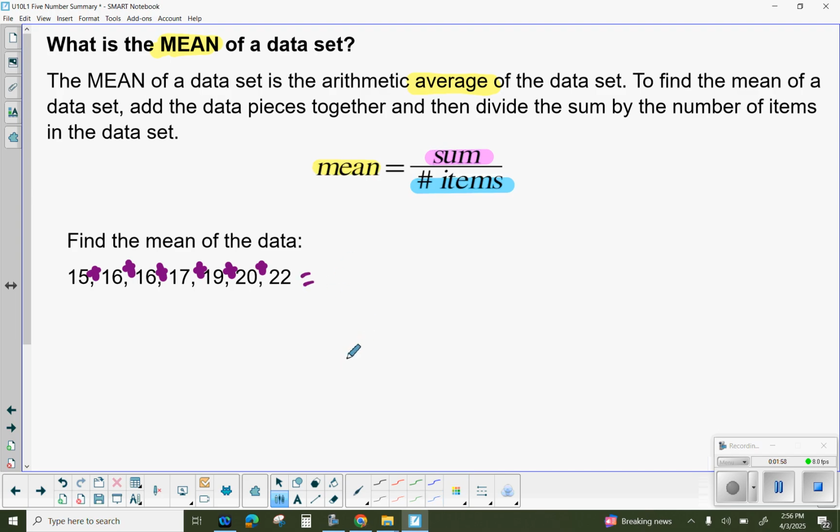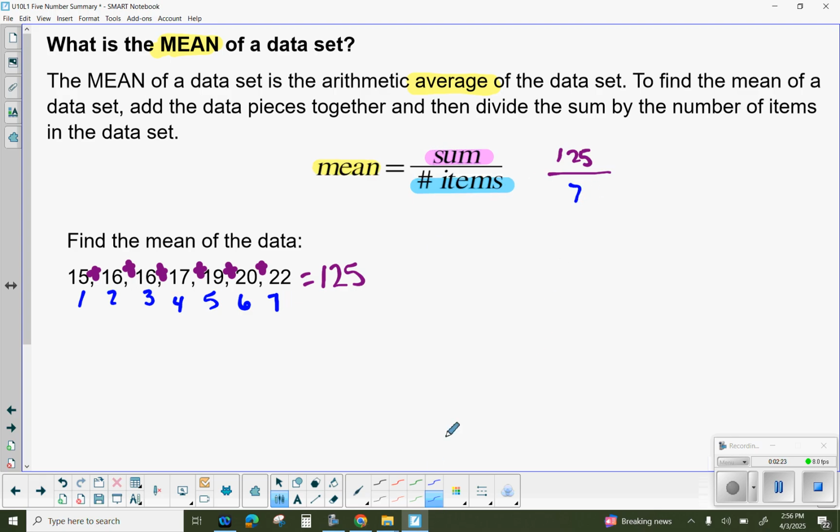Okay, so if you add all those numbers together, the grand total is 125. That is the sum. That's the number that's going to go on top. Then if I figure out how many numbers I have: 1, 2, 3, 4, 5, 6, 7 numbers. That's the number of items I have.